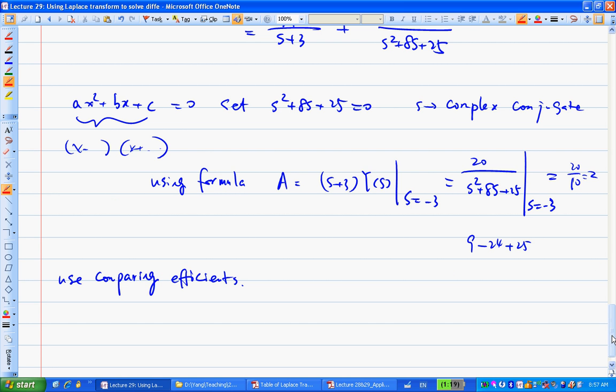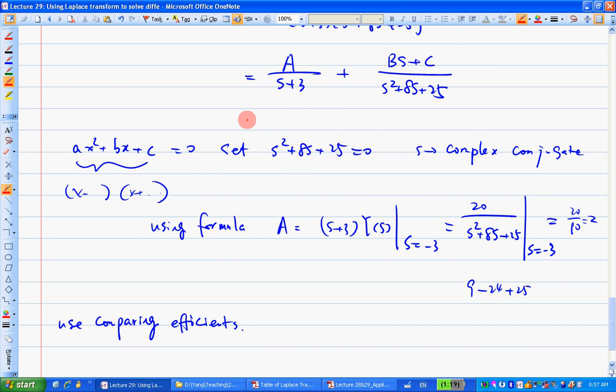So my numerator here, let me rewrite this one here, that's A times (S squared plus 8S plus 25) plus (BS plus C) times (S plus 3), over (S plus 3)(S squared plus 8S plus 25). Right, that's how you write it back.